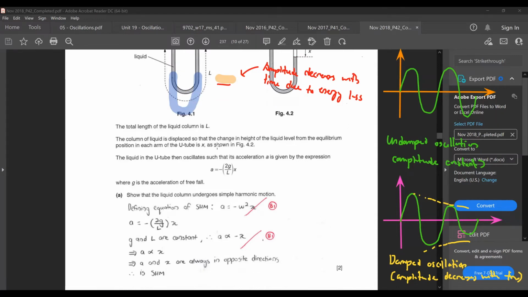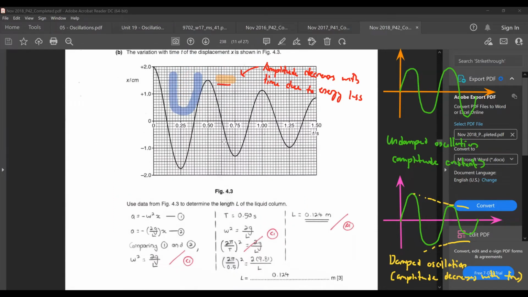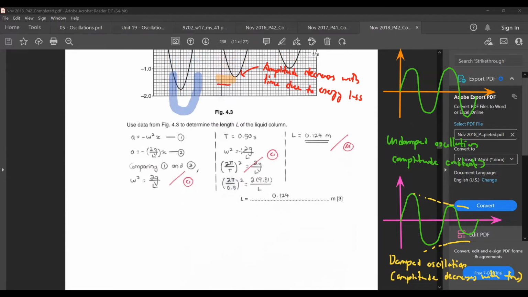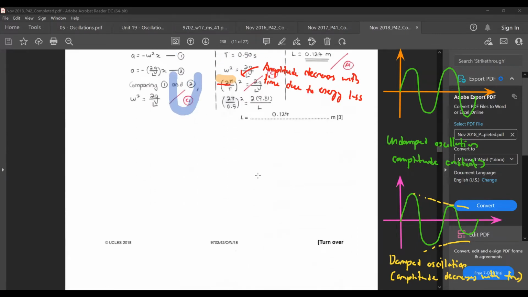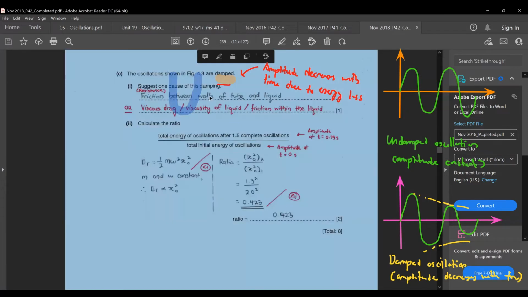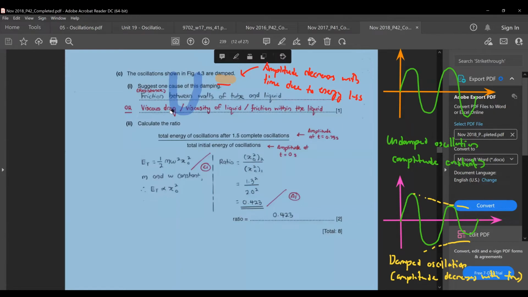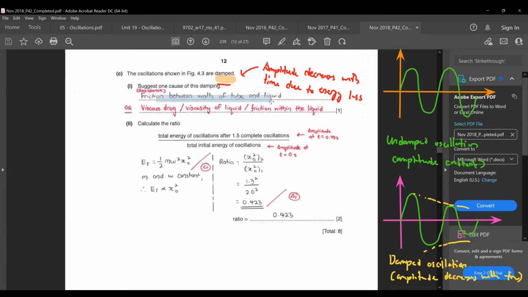So there's friction here, and that friction causes energy loss. You can think of it this way: when the liquid is trying to move, it's doing work against friction. So the friction is causing energy loss. But here you don't really need to explain that much. You just say that there's friction between the walls of the tube and the liquid. It causes energy loss. Therefore, there's damping.